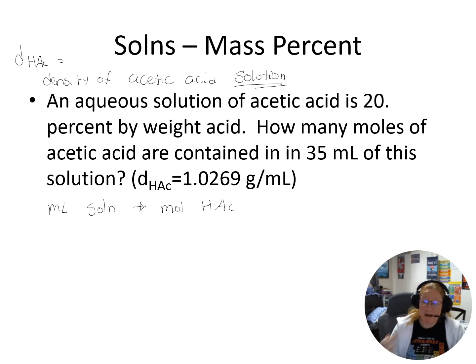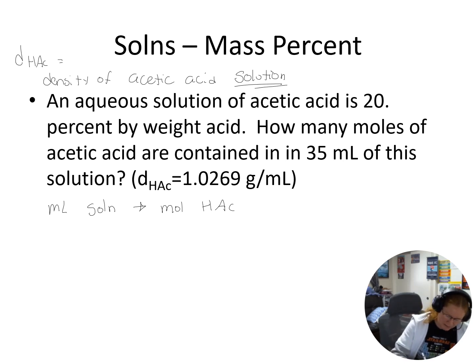Okay, but I do have another piece of information that will let me extract out information about just the acetic acid, and that's that 20% by weight. So we can build a bigger roadmap. I need to go from milliliters of solution to moles of acetic acid. From my density, I can go between volume of solution to mass of solution.